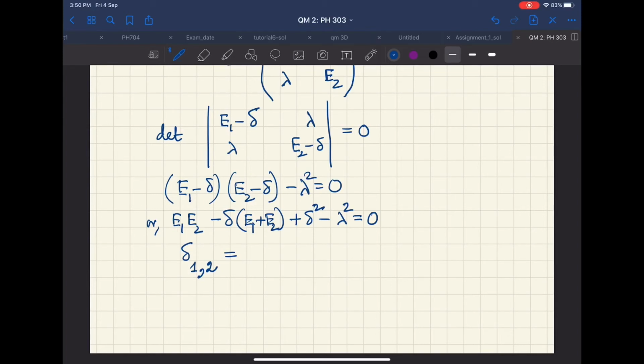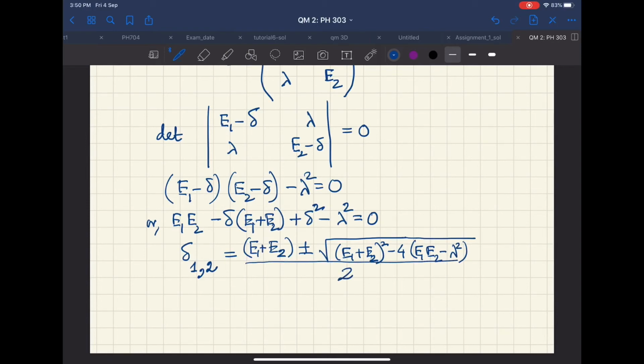So this is going to give us minus b, so E1 plus E2, plus minus the square root of b squared minus 4ac. So this is (E1 plus E2) whole squared minus 4(E1 E2 minus lambda squared), divided by 2a, and a is 1.